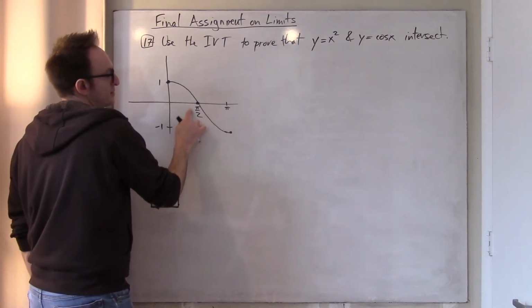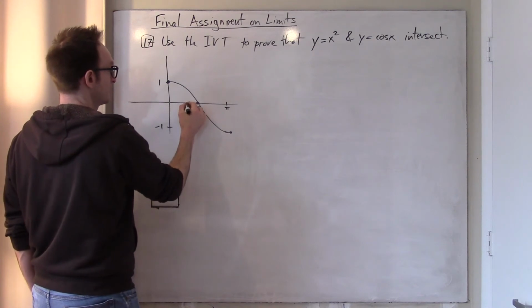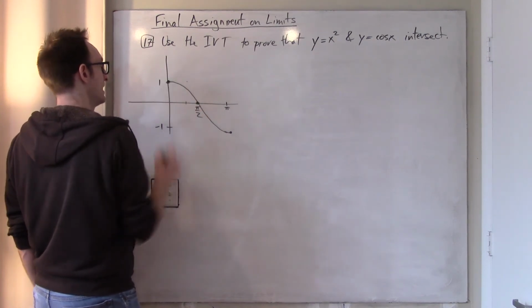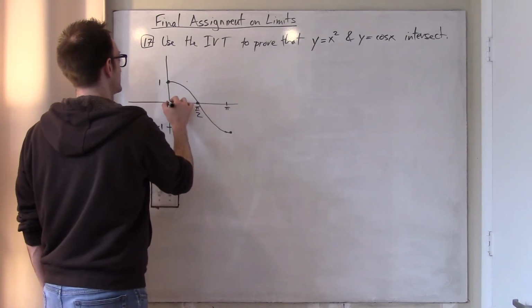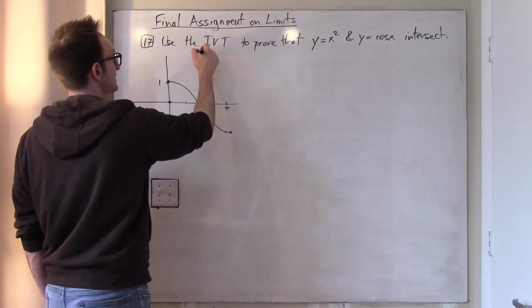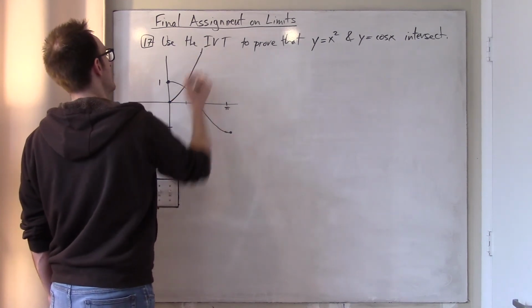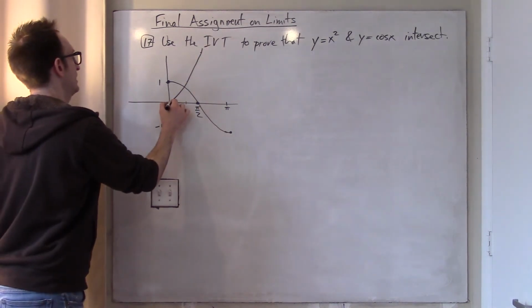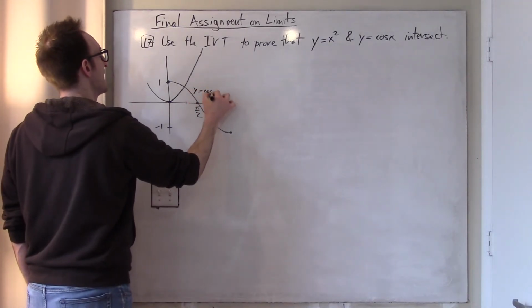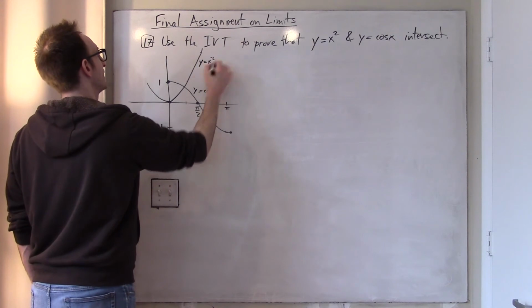Well, okay, pi over 2 is like about 3/2, so somewhere around here is like 1. And so I got something that looks like, already by here I'm at 1. By 3/2 I'm like up at 9/4. So my curve, y equals, this is y equals cosine x, this is y equals x squared.